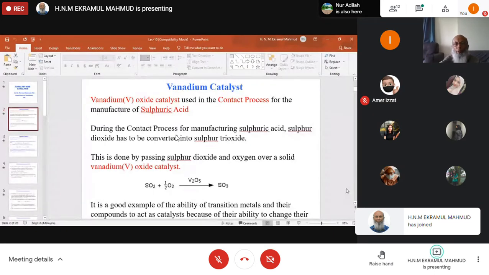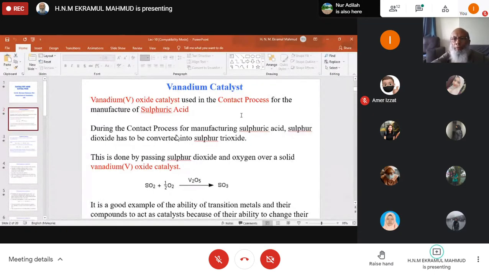So now, vanadium oxide catalysts are used in the contact process for the manufacture of sulfuric acid. Sulfuric acid is a very important chemical in our everyday life. We use sulfuric acid for a lot of things.